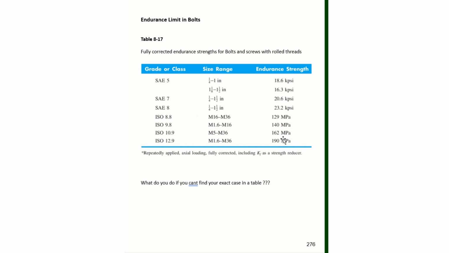In a design situation, I would probably go find a more in-depth, more detailed table where I could look up the endurance limit for the particular bolt that I have in my design. And you might be able to find some of this online, where you can look up the endurance strengths for different grade and class bolts.